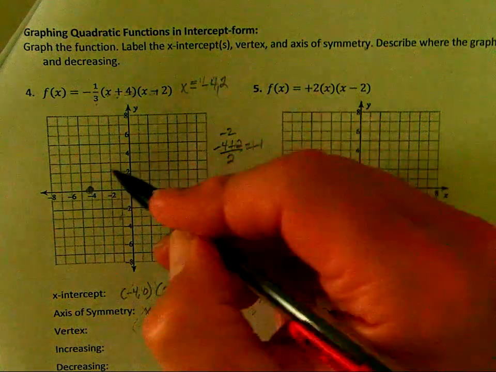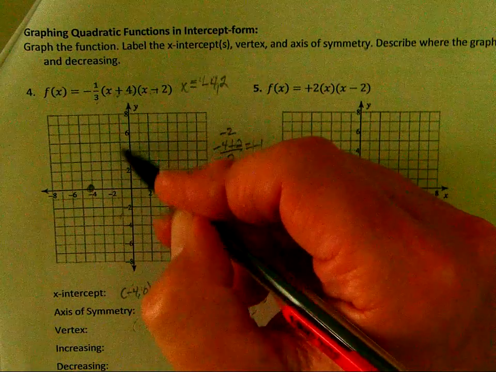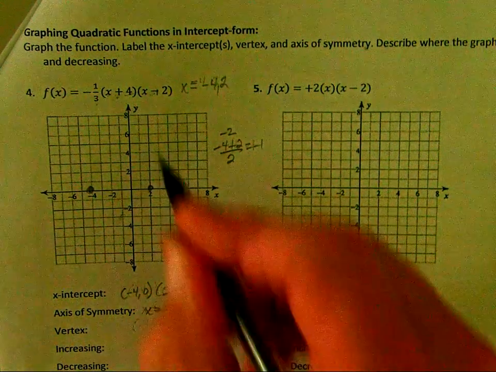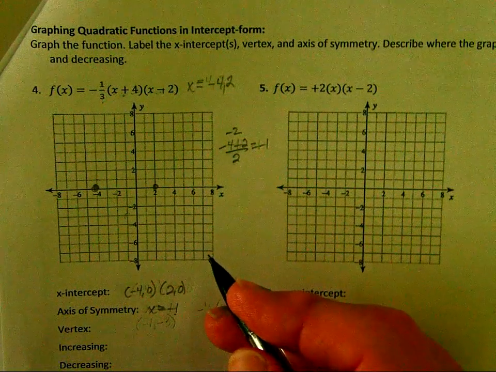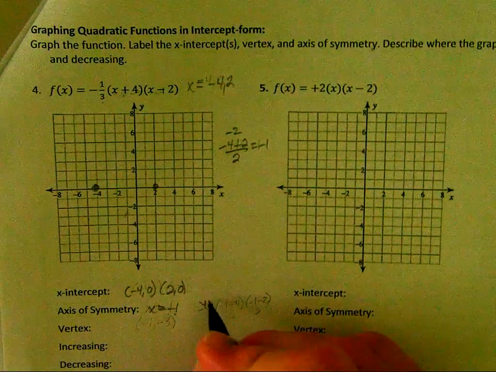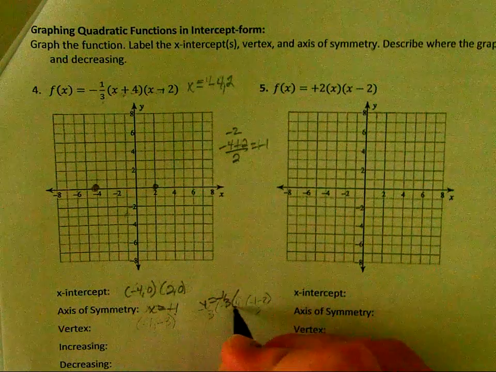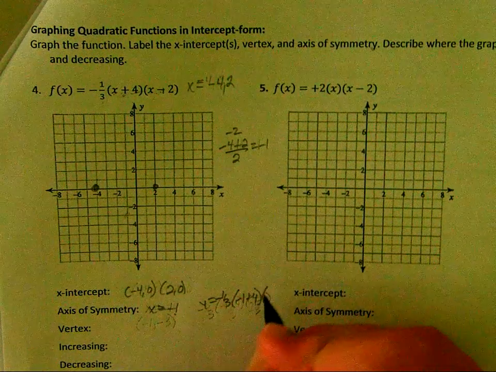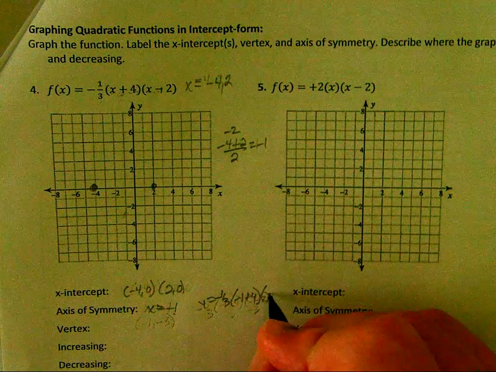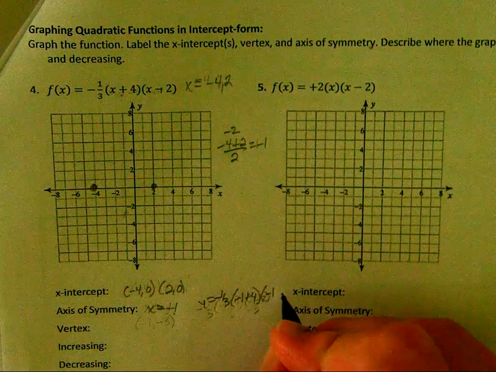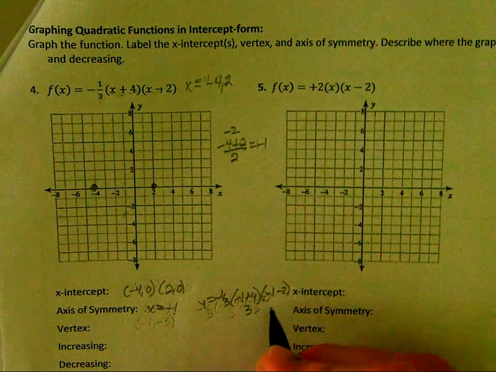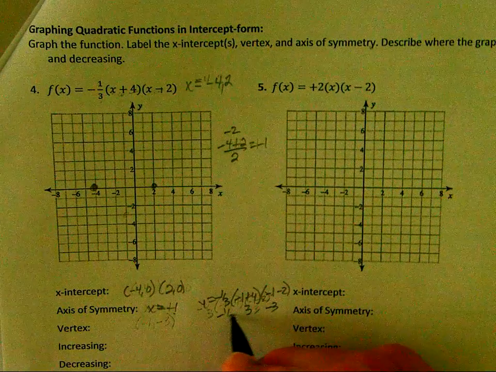So we know our vertex is going to lie on this vertical line right here. Now to find the y-coordinate, we're going to take that negative 1 and plug it back into our equation. So we have y equals negative 1/3 times negative 1 plus 4 times negative 1 minus 2. So that's positive 3, that's negative 3, and we have a negative 1/3.